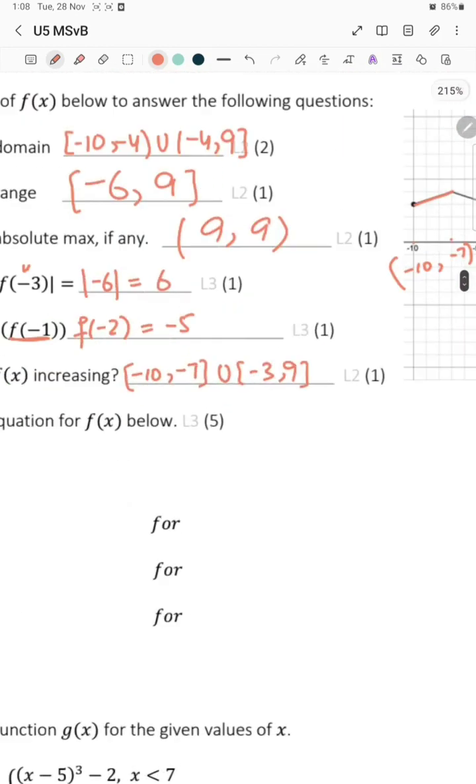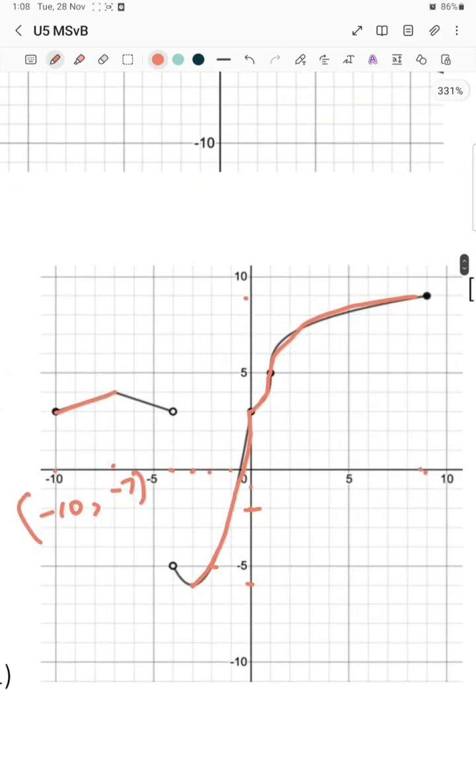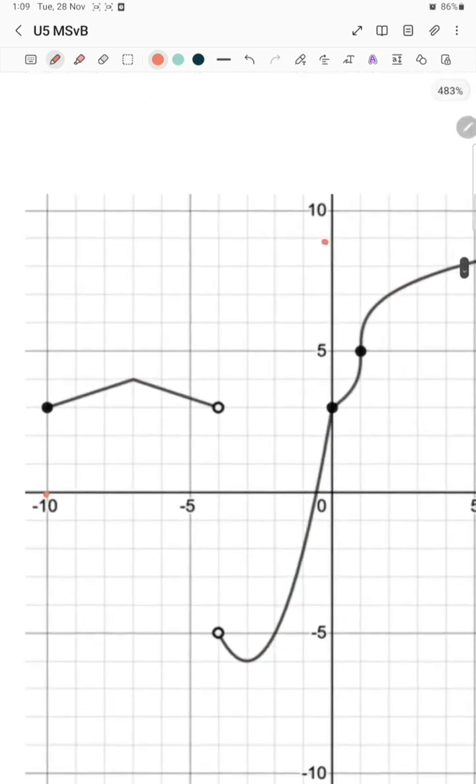Write the equation for f of x, and this is an absolute value function. Again, there are three functions like the previous one. This is an absolute value function. So this function is at minus 7 and 4.